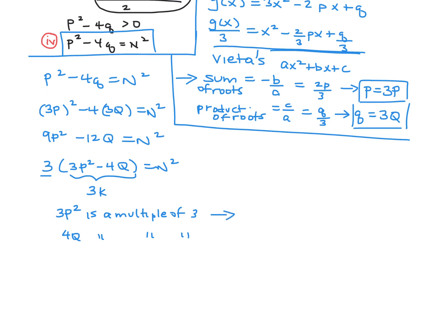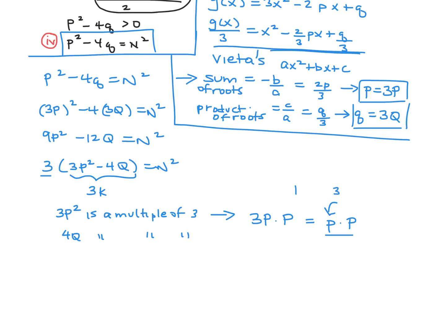So from this one, this was like 3 large P, right? Because we had to put in large P. So this is like 3p times P, and that is the equivalent of small p times big P. And we're saying that is a multiple of 3. So the only way that can be a multiple of 3 is if this is a multiple of 3.